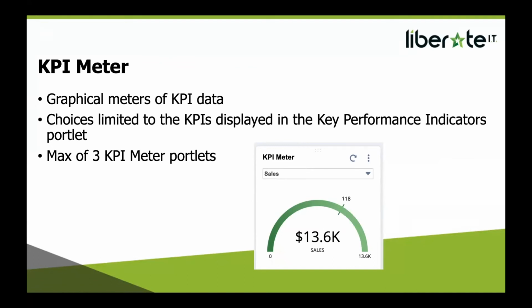Now, in this case, how to interpret this means to say my previous month sales would be 118, all right? And then the current period sales is 13.6K. Okay, so that's how we interpret this.